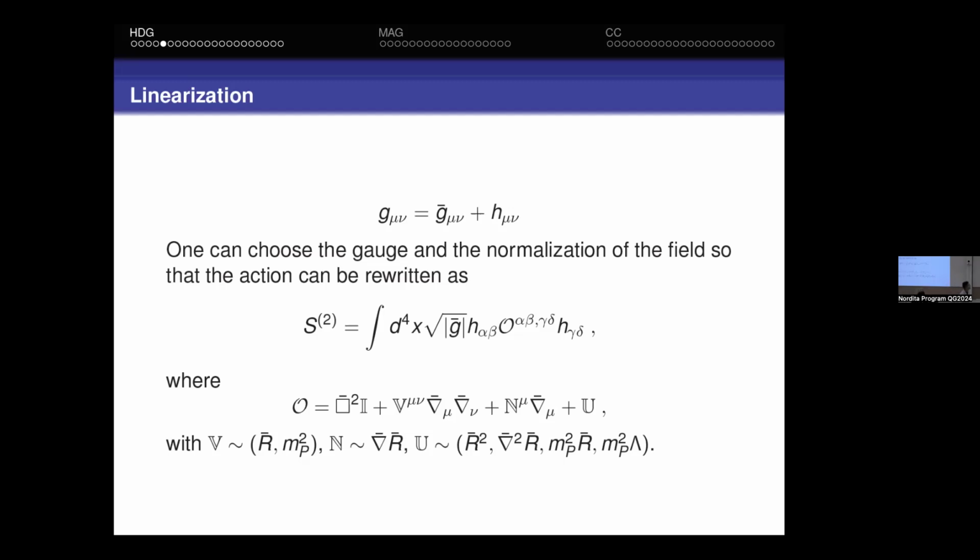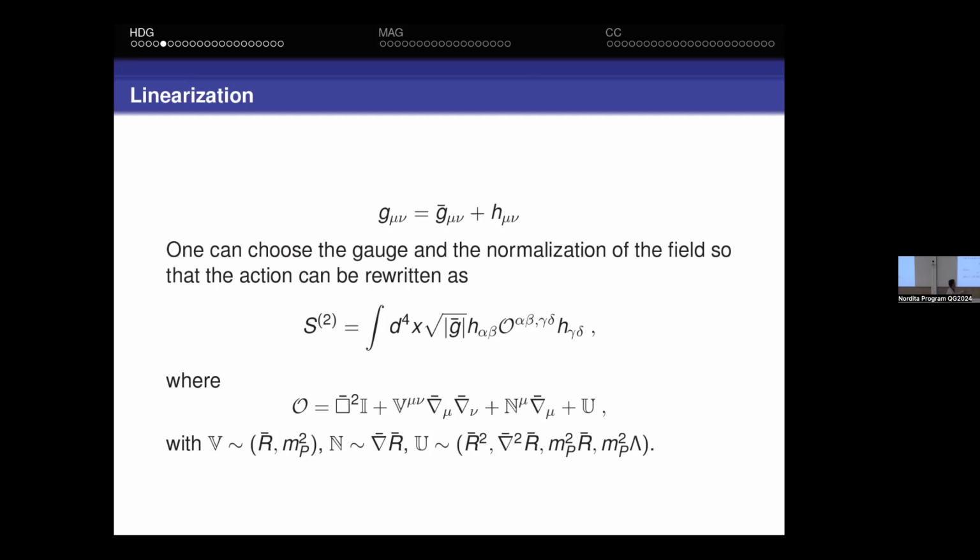And then you can get rid of the three derivative terms, and you have terms with 2, 1, or no derivatives. So you can arrive at this form by choosing the gauge and choosing the normalization of the fields.